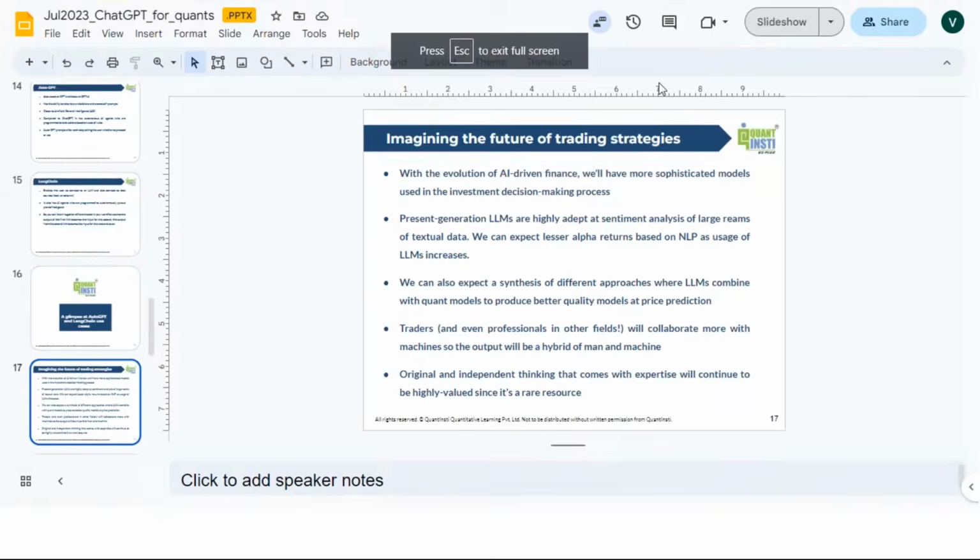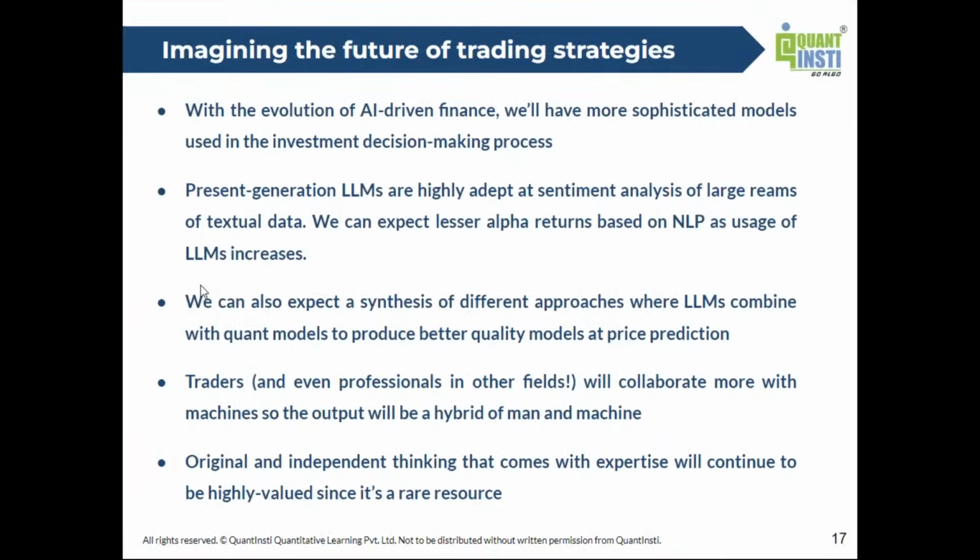So coming back to now that we've seen so many different use cases of ChatGPT, AutoGPT, LangChain and so on, if we were to be like oracles trying to imagine what the future of trading is going to look like, I'd wager that with this AI revolution that we are in the midst of, one can safely say that we are going to have more sophisticated models in financial markets which drive the decision making for buys and sells.